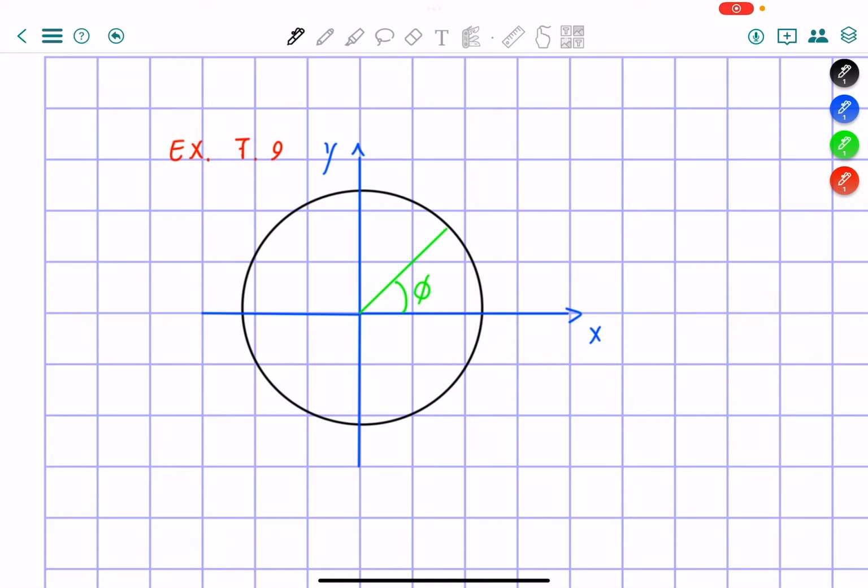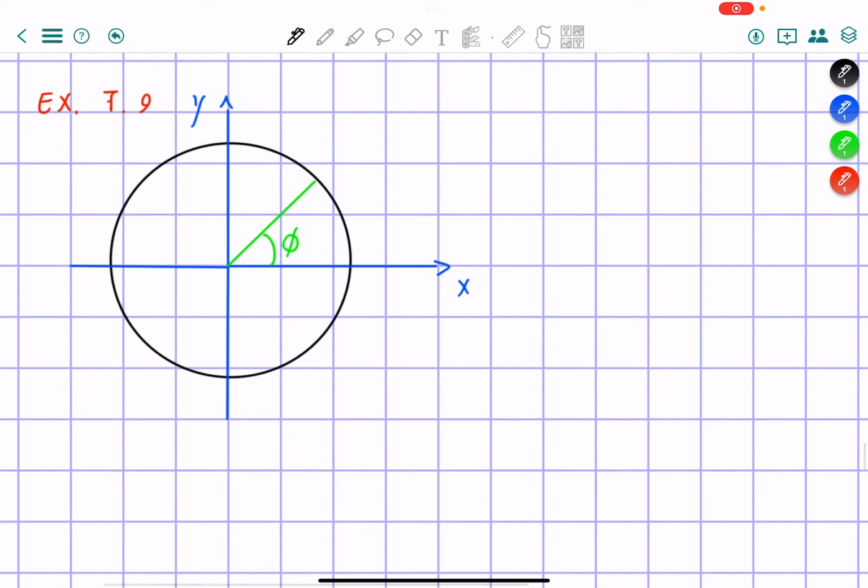So first of all, we know that the radius is always going to be equal to the capital R, which is equal to the square root of x squared plus y squared, because you can imagine this to be a right triangle. And of course, through the Pythagorean theorem, that's going to be our value at all points.